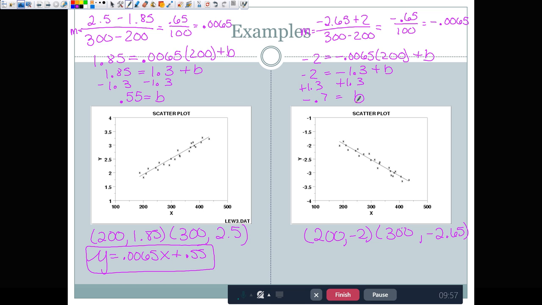So now that I have m and b, I can write my equation y equals mx plus b. So y equals negative 0.0065 x minus 0.7. So again, everyone's points might be slightly different, so everyone's equation might be slightly different, but as long as the slope is negative and it's near that number, that's what matters, okay?